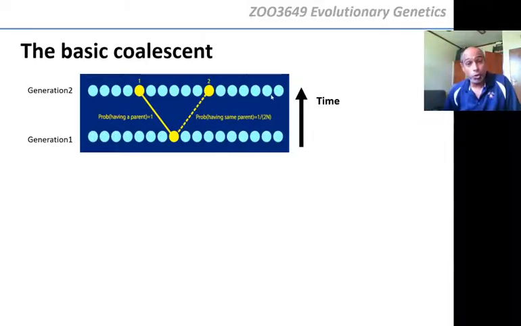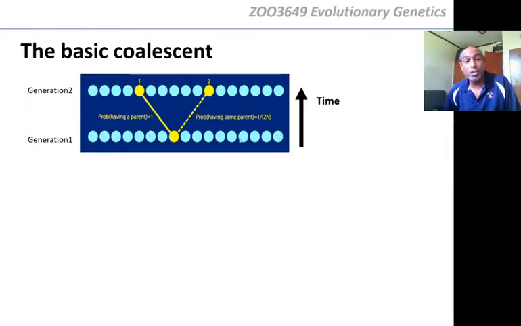And generation 2 is then the offspring of generation 1, with time going from generation 1 backwards. In other words, we are looking here at the present and we're going backwards. We're looking at the ancestors.